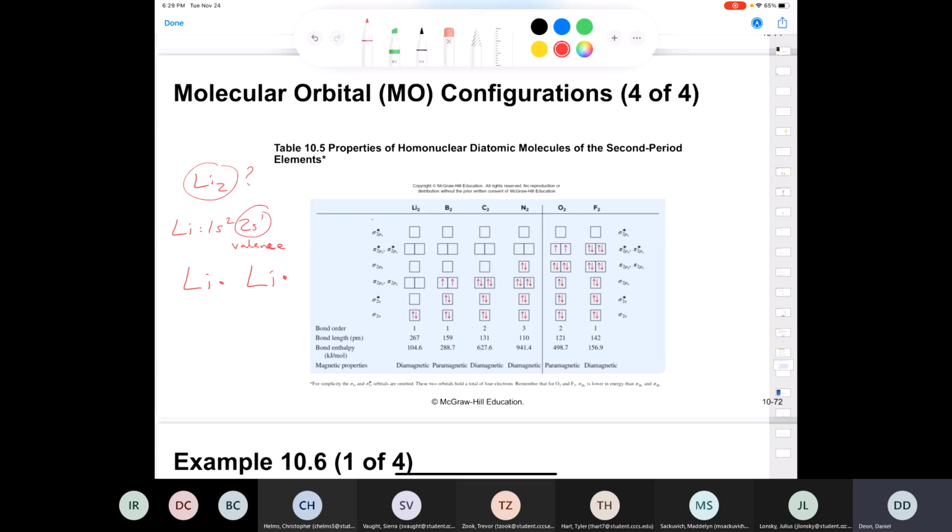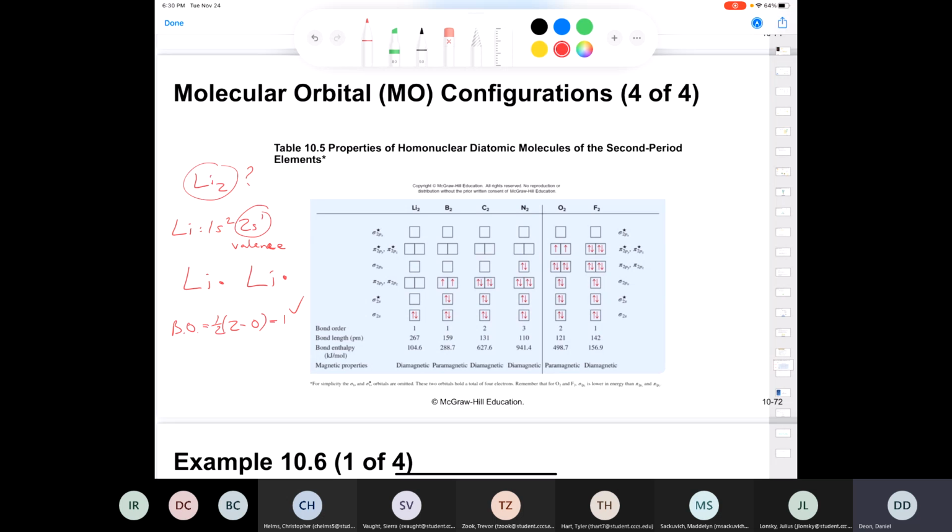According to this diagram, Hund's rule and the Aufbau principle, both of those electrons are going to go into sigma 2s. The bond order is 1/2 times the number of electrons in bonding orbitals, 2, minus the electrons in antibonding orbitals. There are no electrons in any of the antibonding orbitals, so it's 2 minus 0, which gives a bond order of 1. That means this molecule could exist.